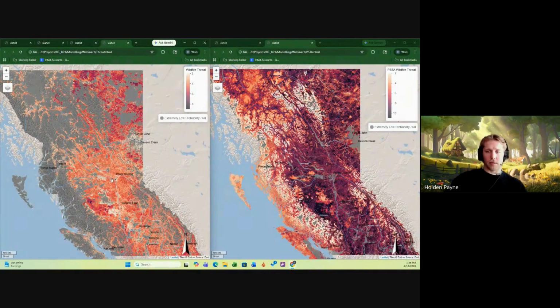We found that areas that are high in our data set are quite a bit higher, and areas that are low are lower. And we think that's useful in a couple ways. I think it's useful to see where areas have potentially extreme fire threat. But if you just homogenize the problem and say everything has extreme high fire threat, then it's less useful to start to prioritize what we're thinking about.